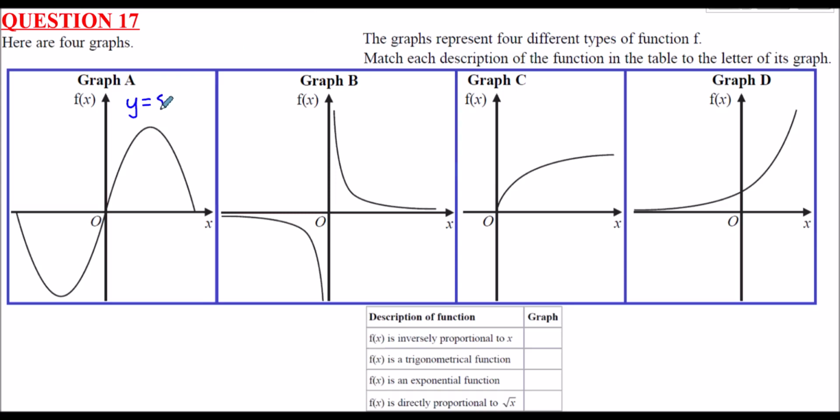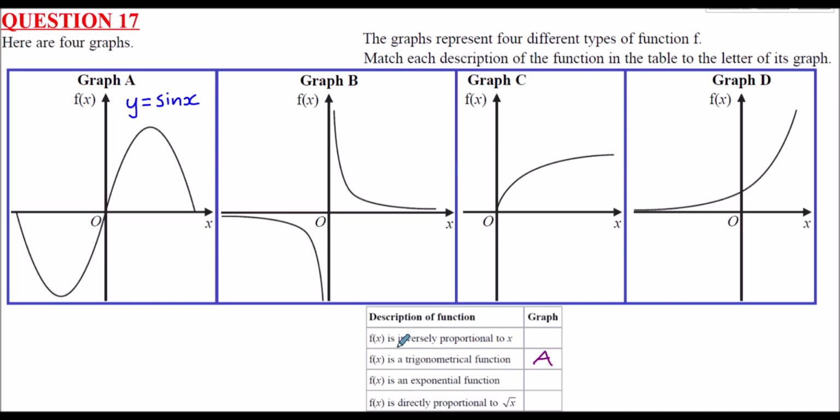It might not be sine x, it might be 2 lots of sine x, but it's a sinusoidal curve. When x is 0, y is 0, and it keeps going on and on. And if you carried on x going more than this value or less than this one, it'd keep waving up and down, up and down. So this one here, graph A, is a trig function. So we can put this here for A.